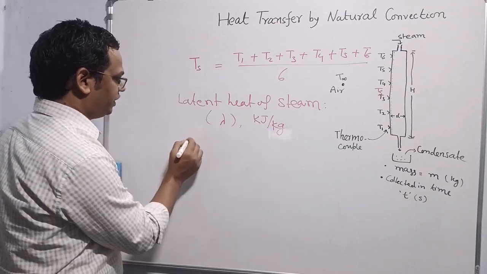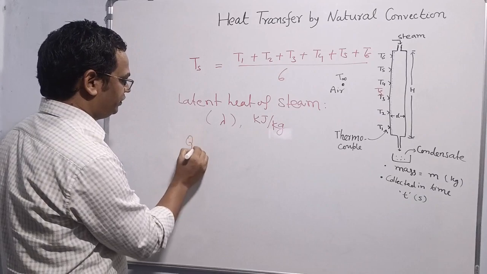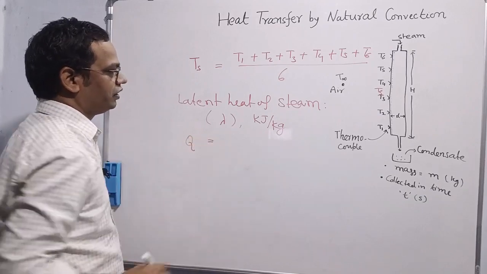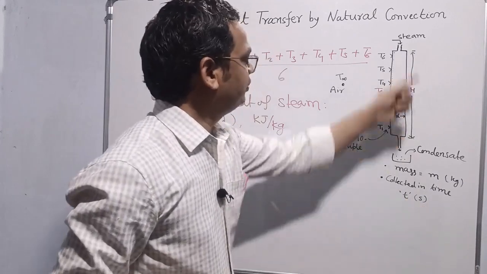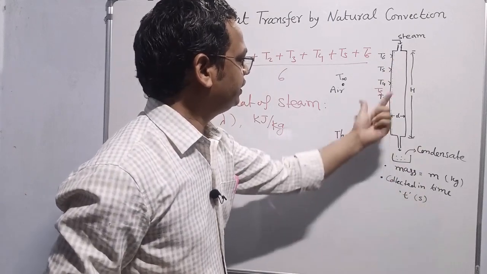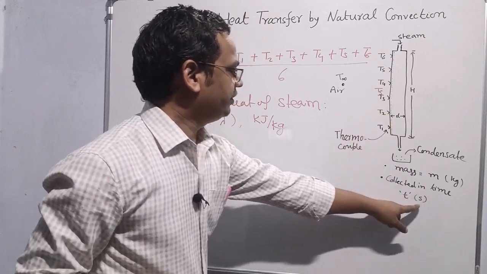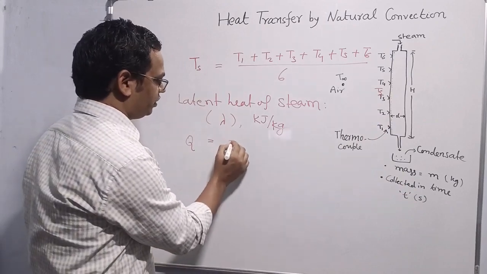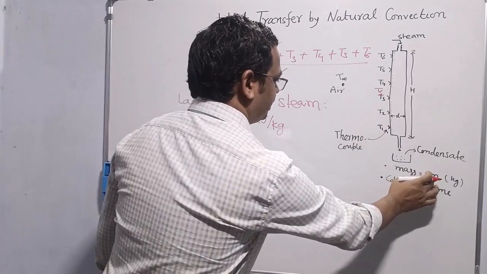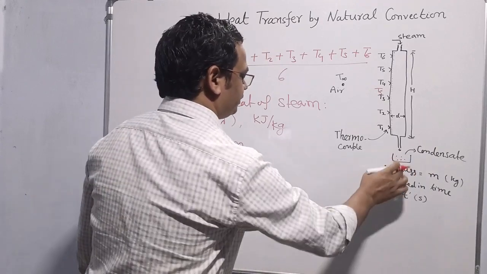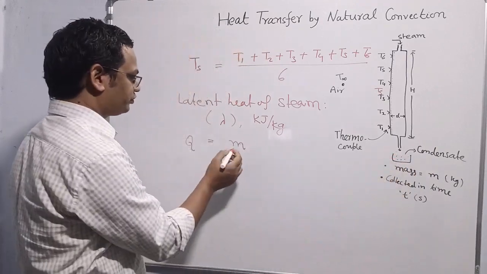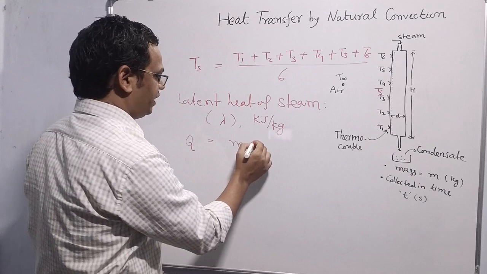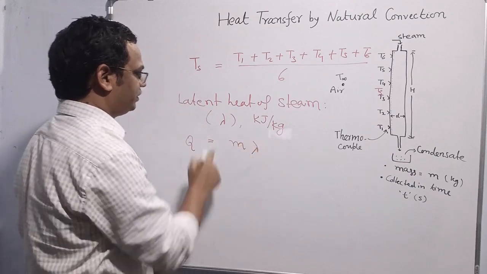Now heat lost, we can find latent heat Q. Total heat lost by steam, or heat released during the condensation for a specific period of time T. So mass is M, that we have measured, this collected mass, and lambda, this one.